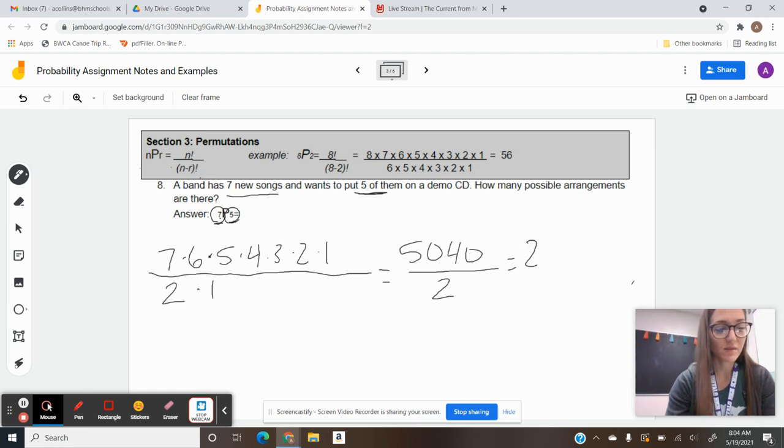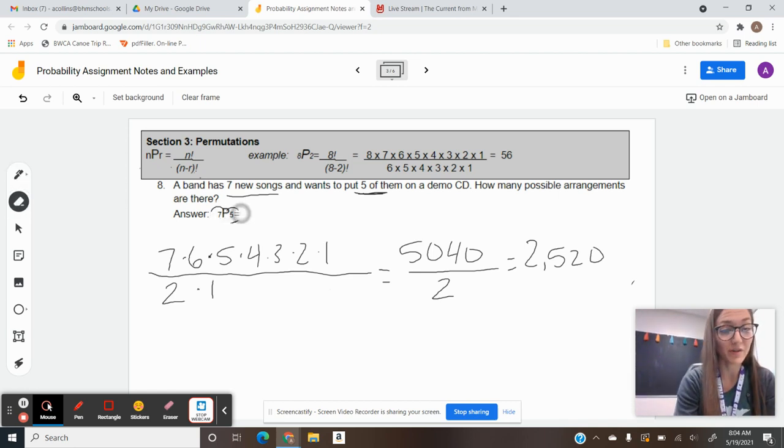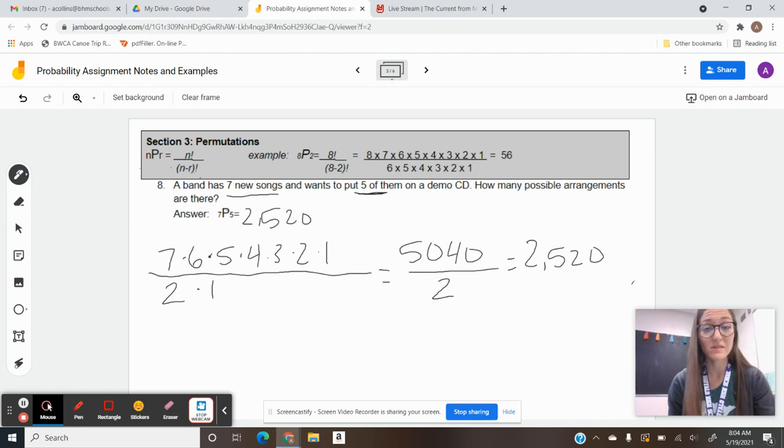So we have 2,520 possible arrangements. So it's a good thing that we didn't do this the hard way, because we would be working till the end of time trying to figure out how many possible combinations there were. So there's a total of 2,520 different possible arrangements they could make with those 7 songs.